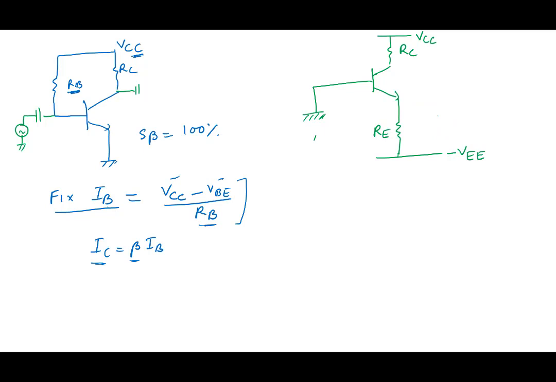Now, what do we get? This is 0. This voltage will be minus 0.7 approximately. And this is VE. So what do you get? A current which is nothing but IE. So the strategy here is the following. Note that is very different. Fix IE.